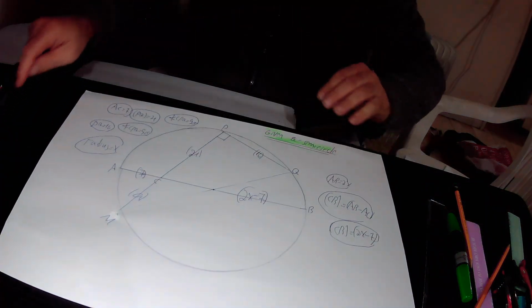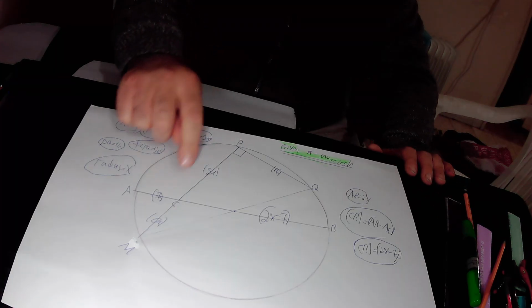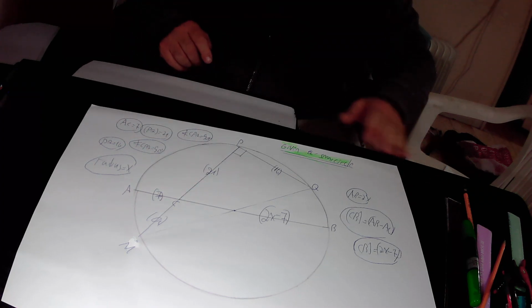Because in our drawing, this is chord AB that intersects with chord PM at point C. Again, chord AB intersects with chord PM at point C. So write it down.